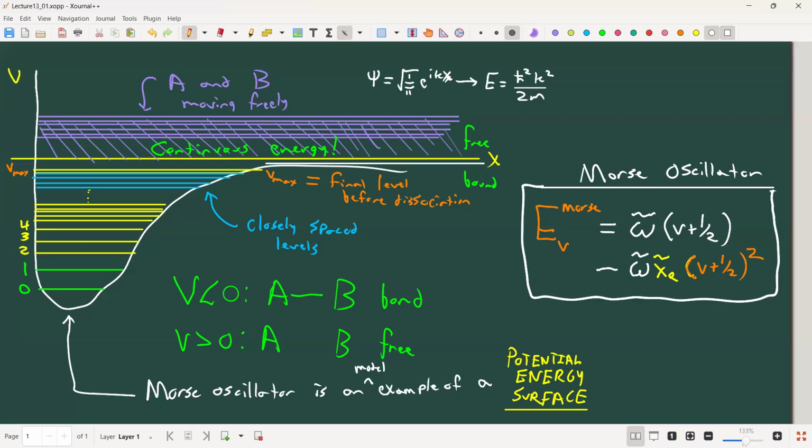Okay, so this idea that every vibration is a Morse oscillator that has an energy with a frequency, some anharmonicity, it's got a quantum number, it's got some potential like this, a Morse potential. We're going to see that molecules can be represented as a sum of many of these. And what it'll separate out to is a bunch of separate ones that correspond to each of the vibrations of a molecule.